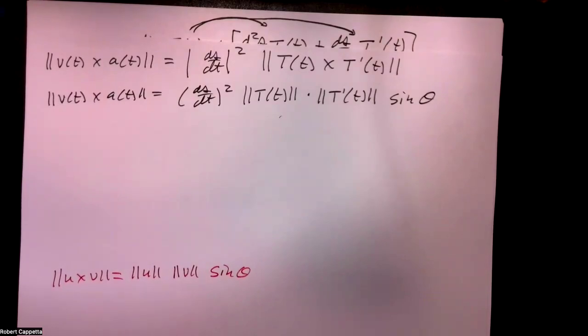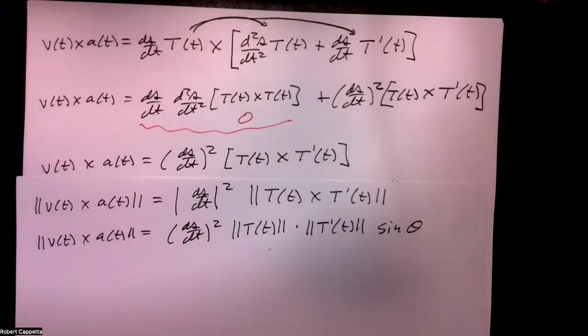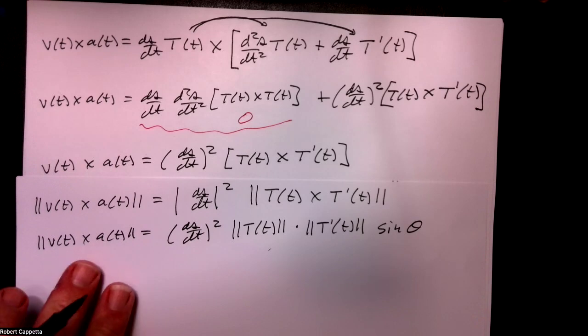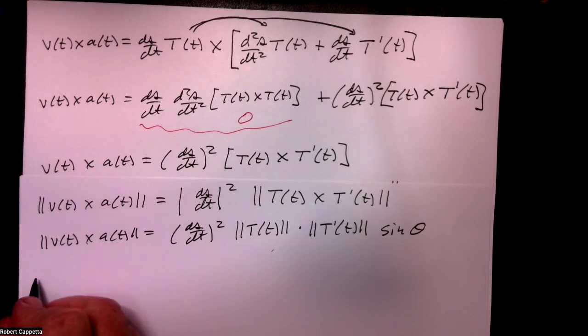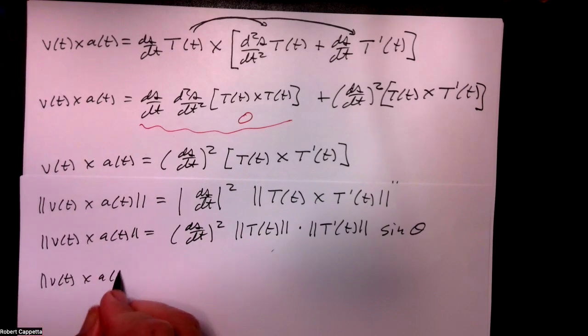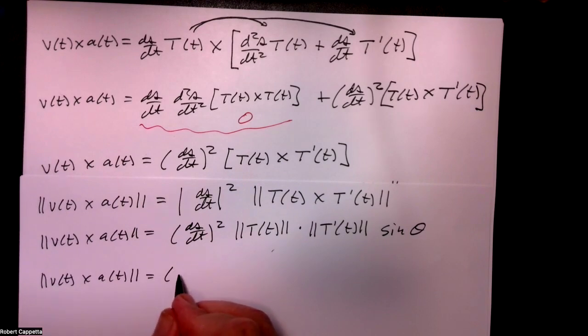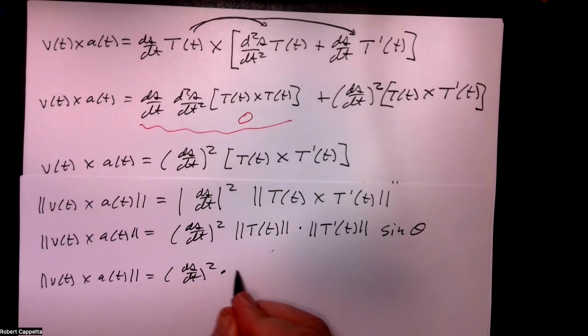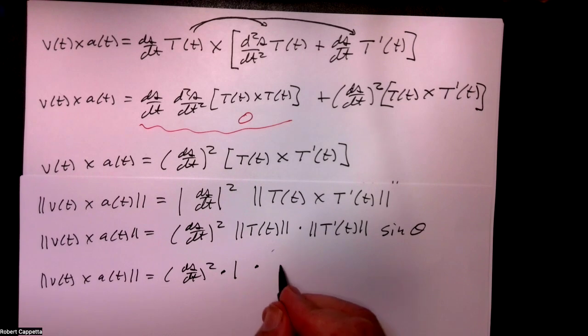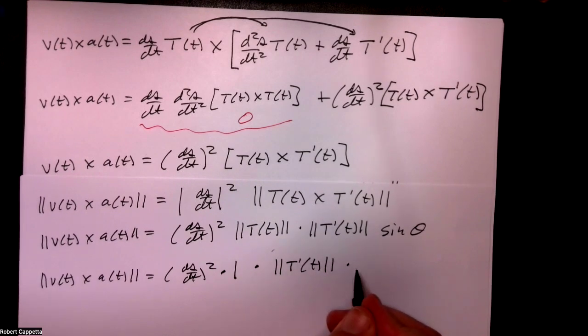So here we are. So continuing in this vein, the magnitude of v of t cross a of t is ds/dt squared times 1, magnitude of T is 1, times the magnitude of T prime of t times the sine of theta.